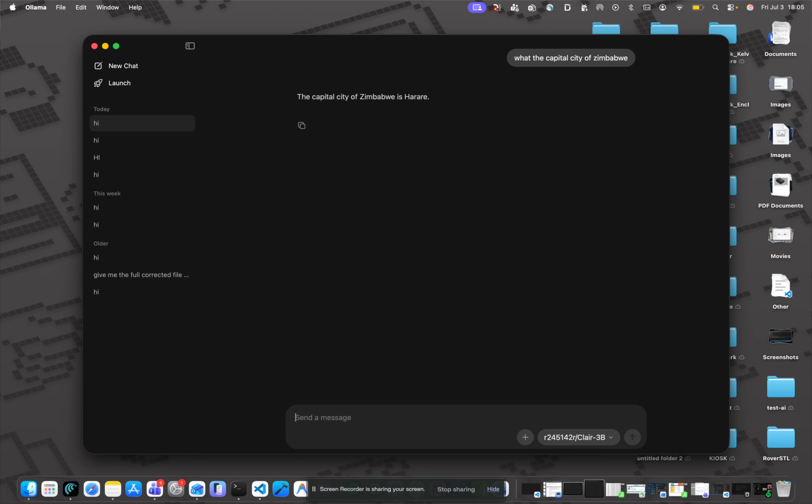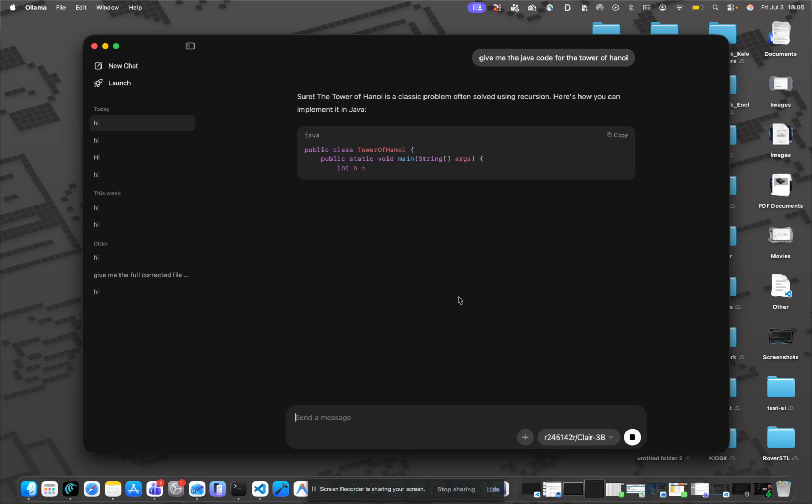Okay, so we can then ask it a programming question. For example, we can tell it, give me Java code for the Tower of Hanoi. It's then just going to generate the code for us.